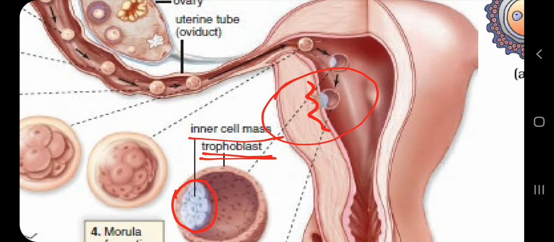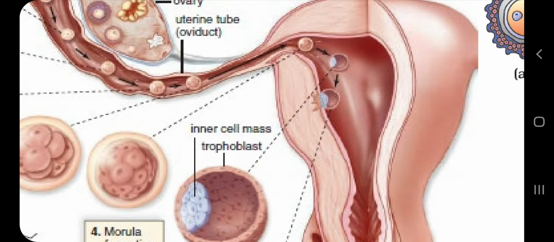This is also a question for board examination. Sometimes they ask for the structure of blastocyst, sometimes they ask the name only, sometimes they ask what inner cell mass will make, and sometimes they ask what part of the blastocyst will make the human embryo. So it is very important from the board examination point of view, and for NEET also.